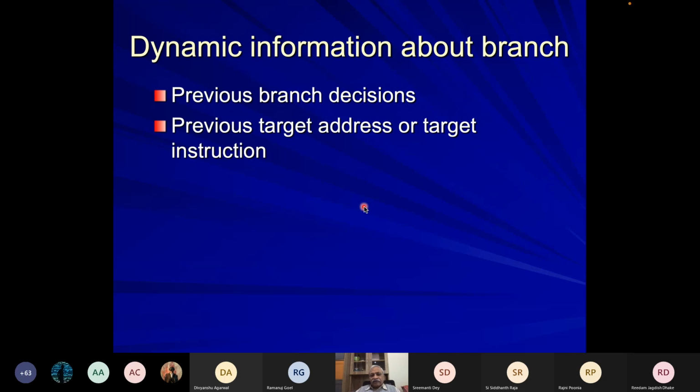But there are instructions like when you are exiting from a function, you may say move PC comma LR, or you may pop LR from the stack and put it in PC. So in that case, last time you encountered this instruction, the address may be different, and this time it may be different.